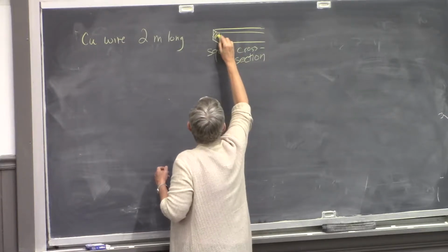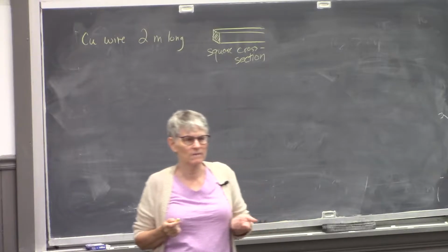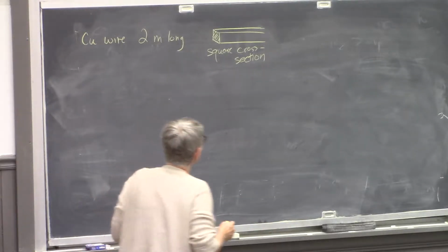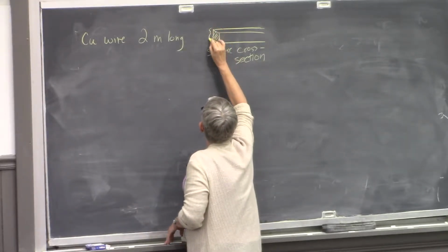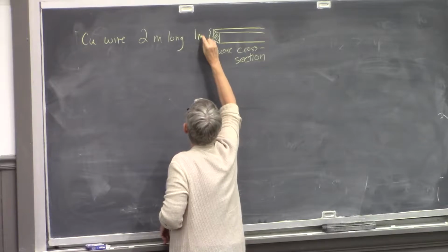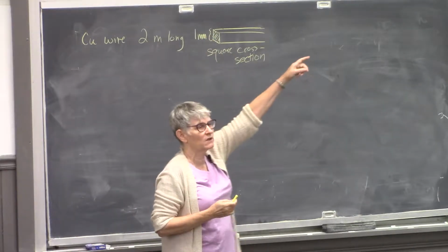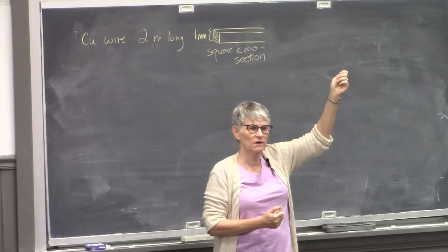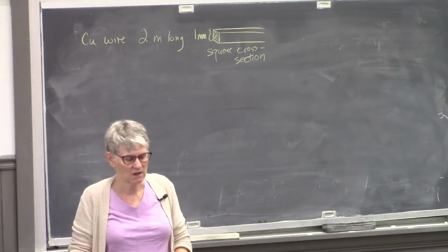And this area is called the cross-sectional area of something. And so each of these sides is 1 millimeter. And we need to know these dimensions because we need to be able to count the number of chains of atomic springs we've got in this wire. Now we could have done round, but this just makes it easy.